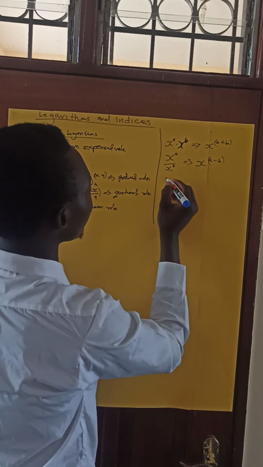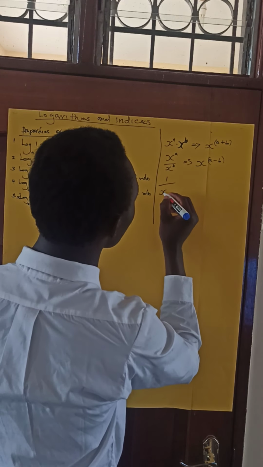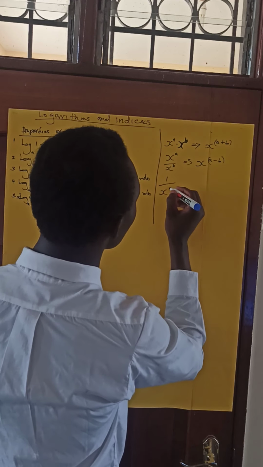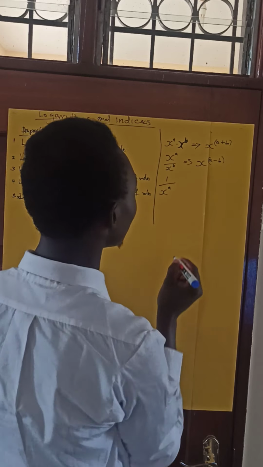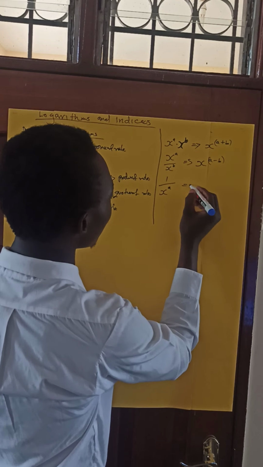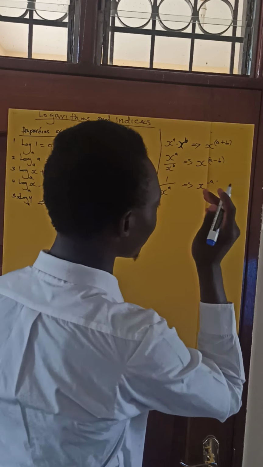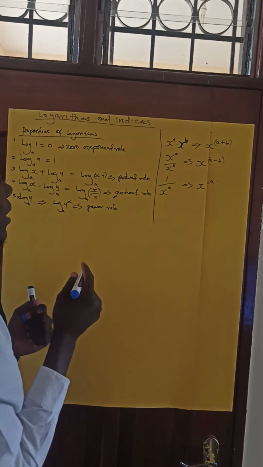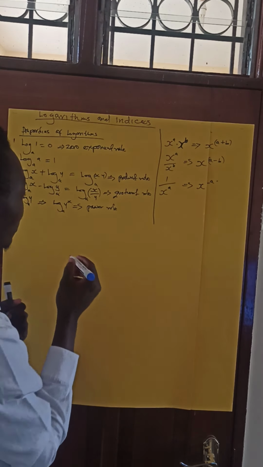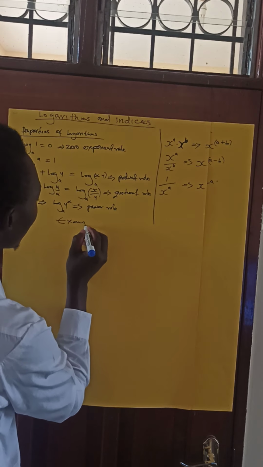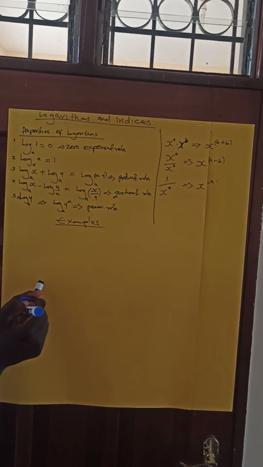And when we have 1 over x power a, we can write it as x power negative a. Those are indices rules, so we can solve a few examples, which will help you to understand this concept keenly.